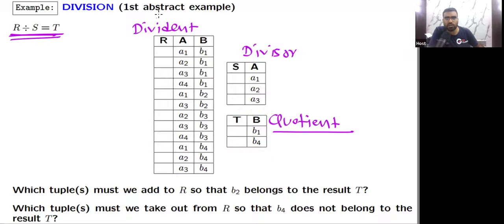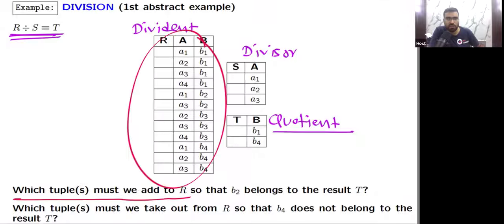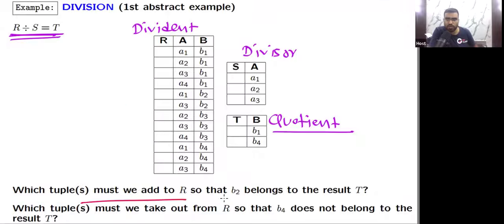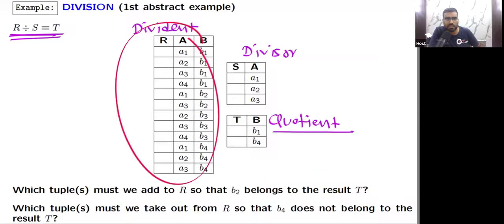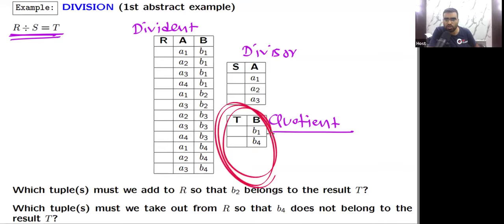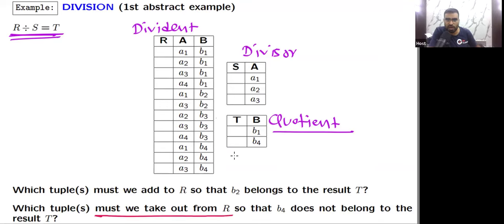Which tuples must be added to R so that B2 belongs to the result T? Similarly, which tuples should we delete from R so that B4 does not belong to the result? So this is a beautiful question. Please take this question as homework. Pause this video right now, solve this question, and write your answer in the comments.